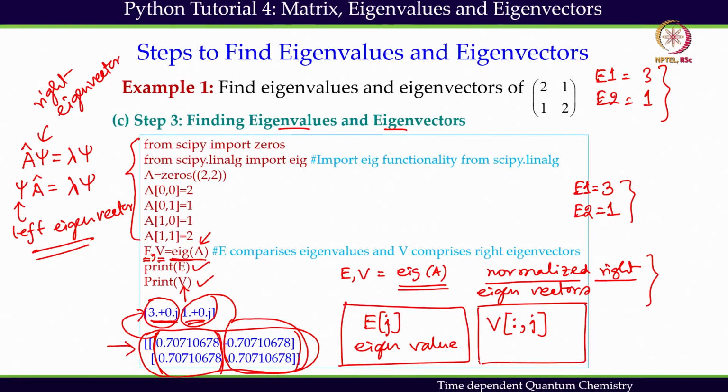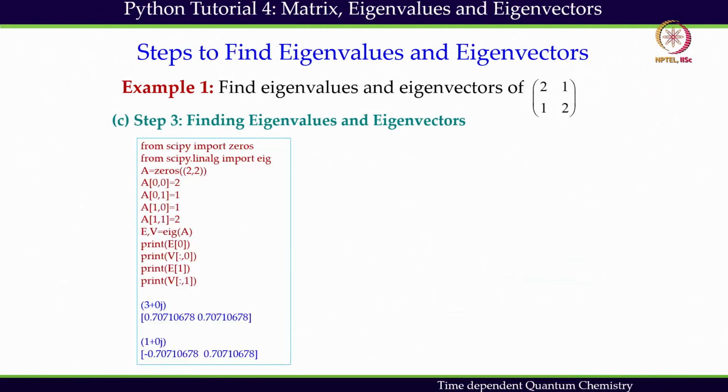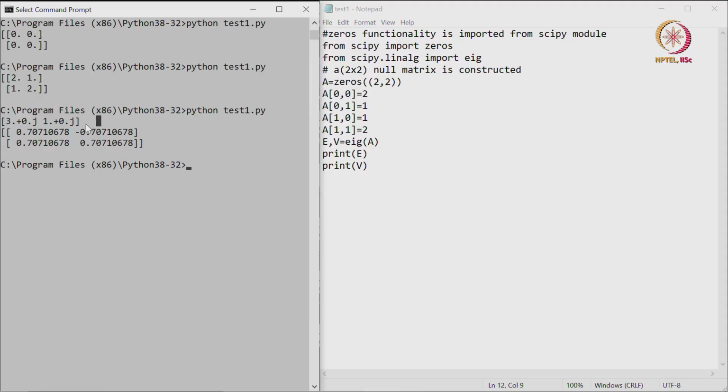I have to just pull up the particular column corresponding to that eigenvalue. We will now move on and check what we have said right now. So we will continue this session in the next class.